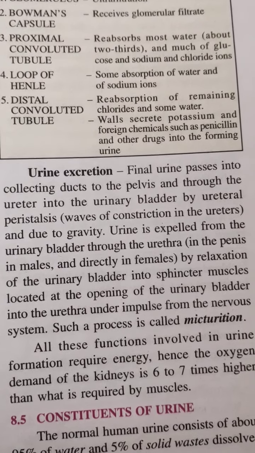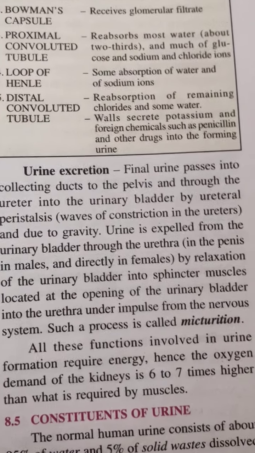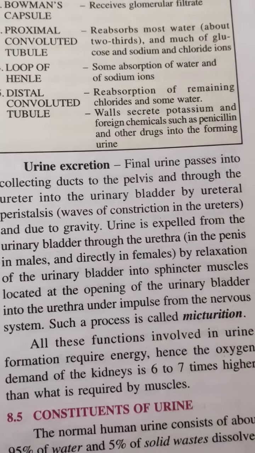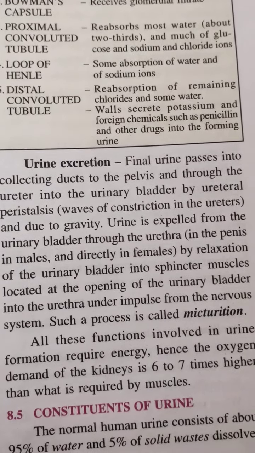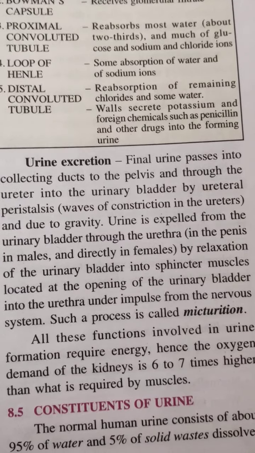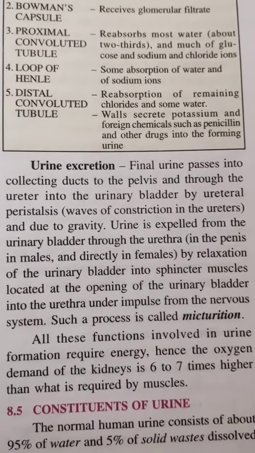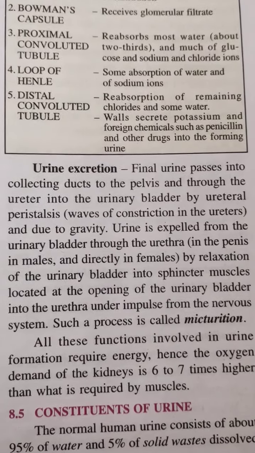Urine is expelled from the urinary bladder through the urethra by relaxation of the sphincter muscles located at the opening of the urinary bladder into the urethra, under impulse from the nervous system. Such a process is called micturition.